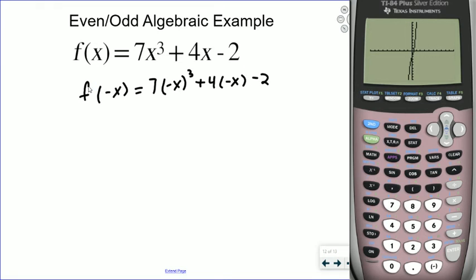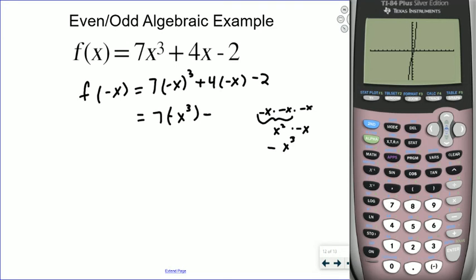All right. So then, if I take this negative x and multiply it by itself 3 times, negative x times negative x times negative x, well, these two make a positive x squared. So I have a positive x squared times a negative x. So positive times a negative is going to be a negative x cubed. So this guy right here is going to be 7 times negative x cubed.